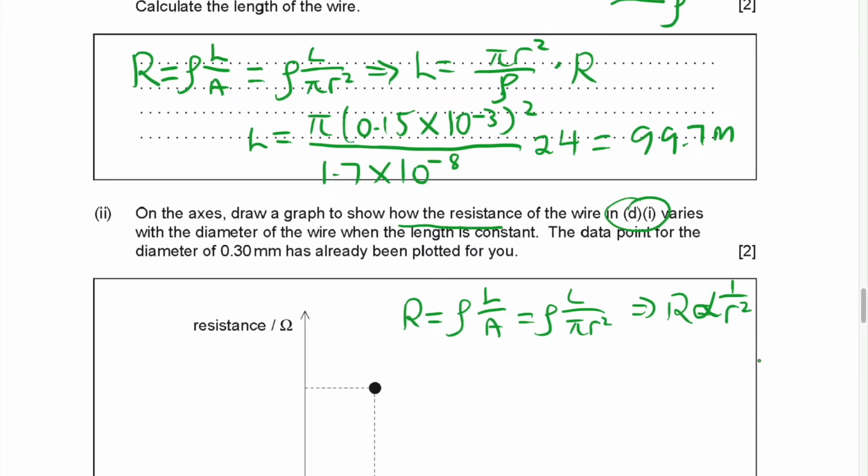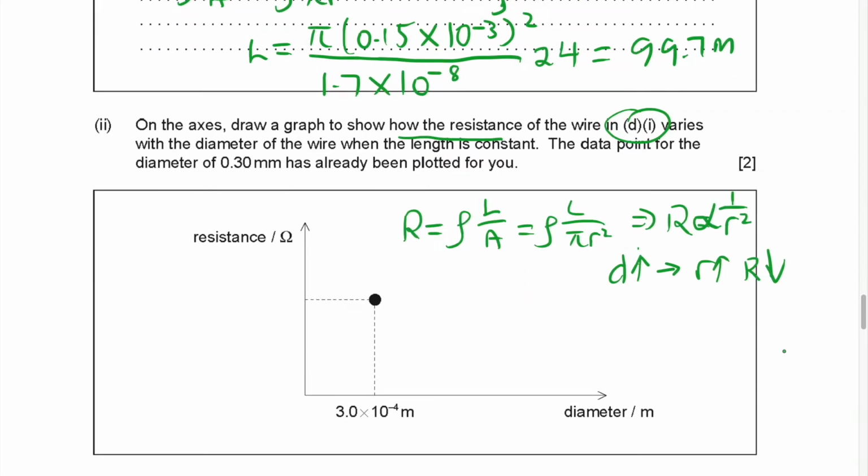So this tells us if the diameter increases, r squared increases, so resistance is going to decrease, right? And it does make sense. It's just basic mathematical skill. So here it will look something like this, since it's proportional to 1 over r squared, right? So this is the answer we have.